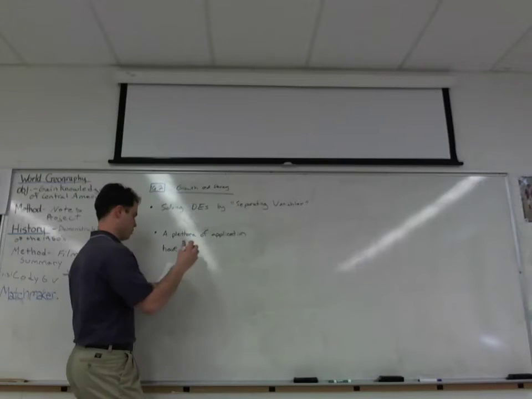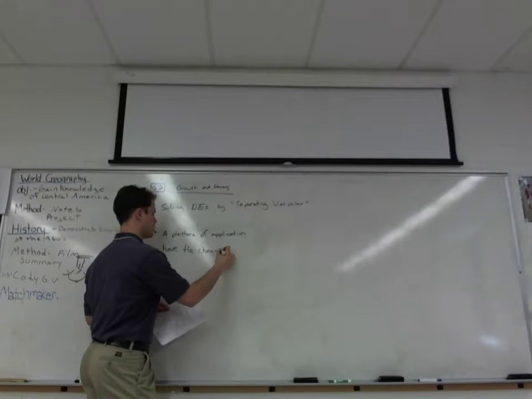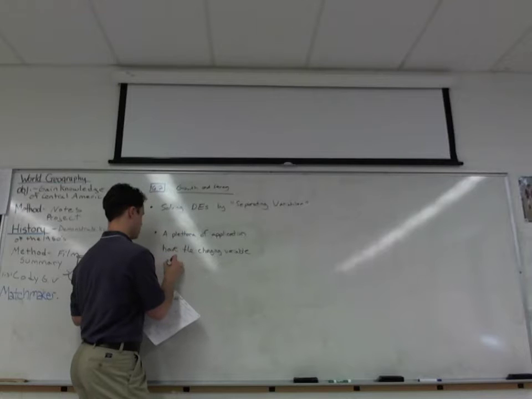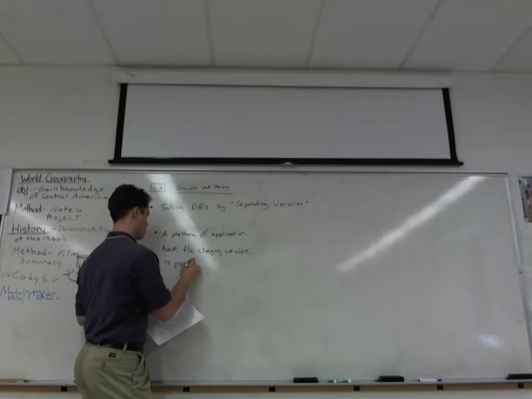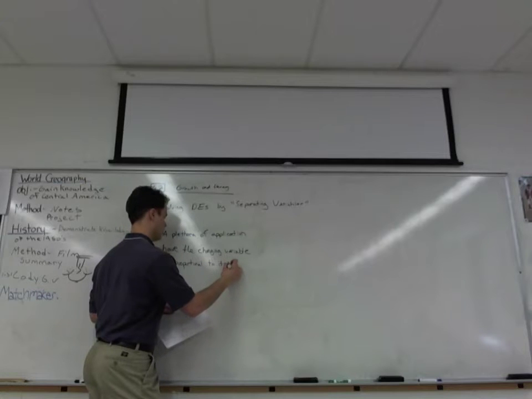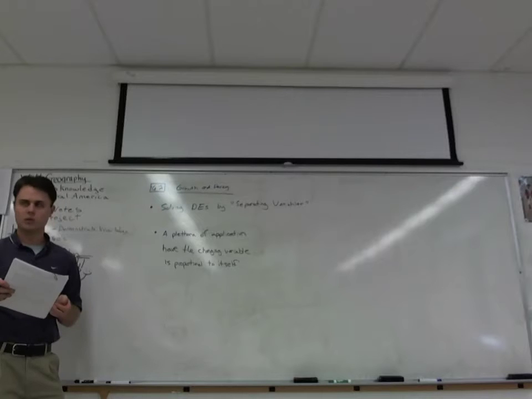So they have the changing variable, the thing that's changing, and it turns out in a lot of cases that changing variable is proportional to itself. And this is where a lot of differential equations come in, okay?